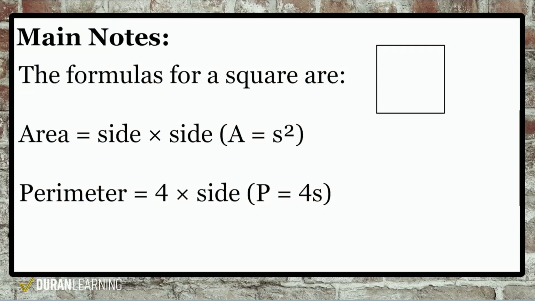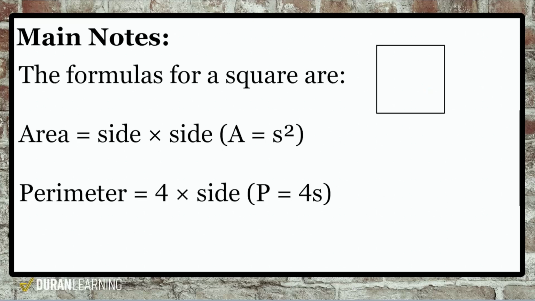Now, let's talk about the difference between area and perimeter. So, everyone, area is how much space a shape covers. From top to bottom, side to side, all of this inside stuff here, this is area.